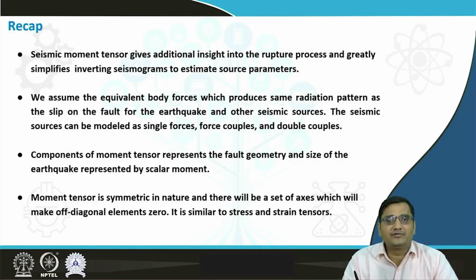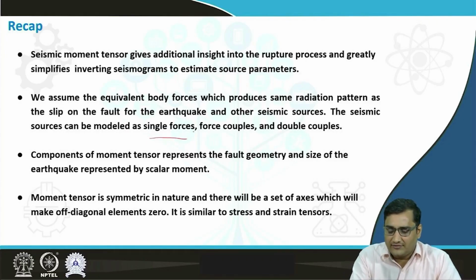We assume equivalent body forces that are similar to the forces occurring on an irregular shaped body, and these can produce the same radiation pattern as the slip on an actual fault for the earthquake and other seismic sources. The seismic sources can be modeled as single forces, force couples and double couples.